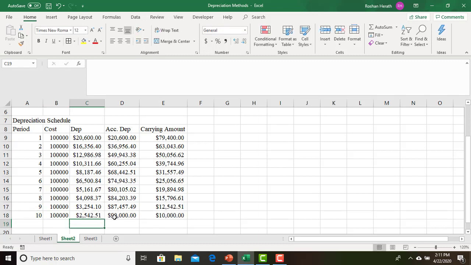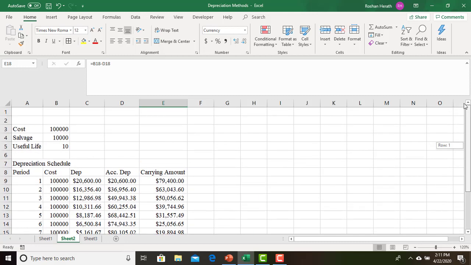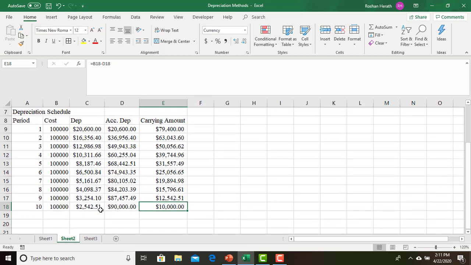Then you can see the situation comes to a perfect situation. So if you are going for this fixed declining method, you would encounter such small differences. Sometimes you would have over depreciated a little bit, or sometimes under depreciated a little bit. This time we have over depreciated, so we have rectified that by deducting.